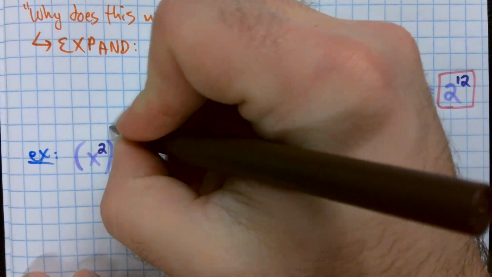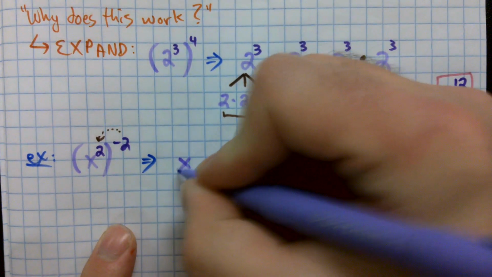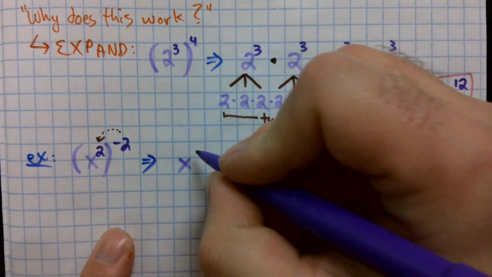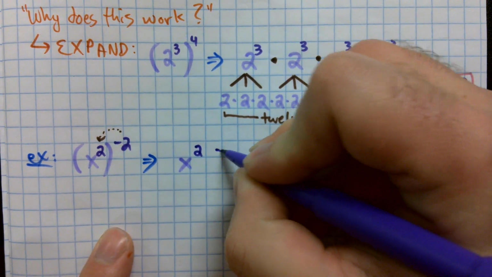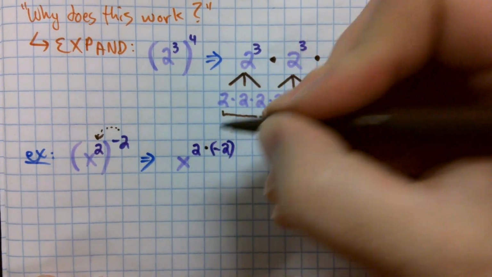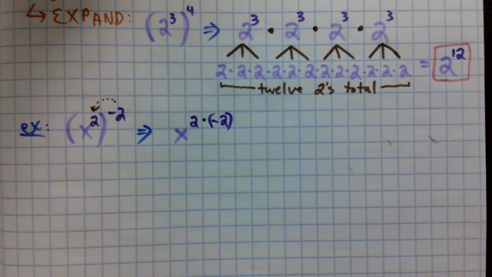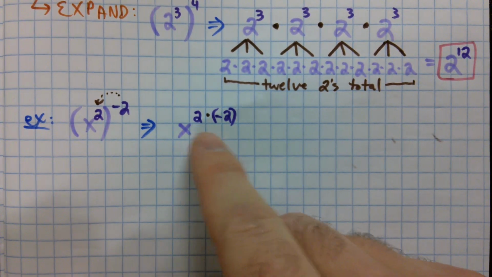We're going to multiply the outside exponent by the inside exponent. And we get x to the power of 2 times negative 2. Right? That's our power rule. We multiply the exponents together.